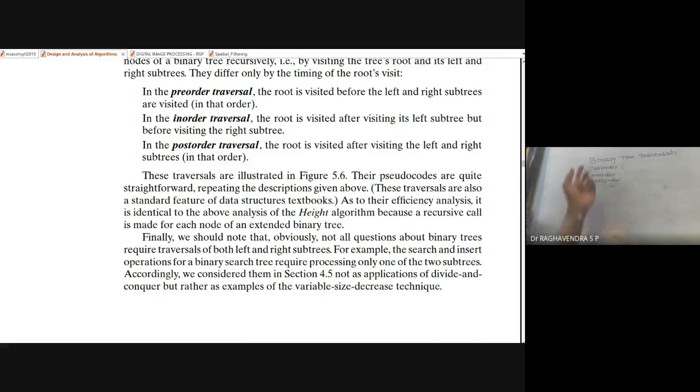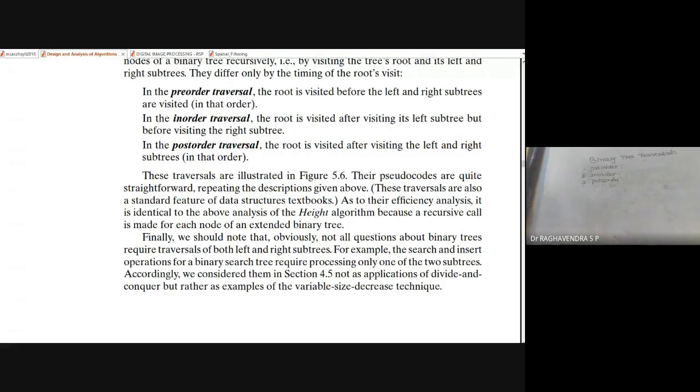What is pre-order? How does it work? How will the process of visiting be done? In case of pre-order, the root is visited before the left and right subtrees.